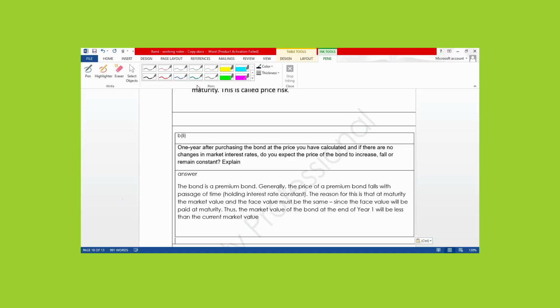To answer this question correctly, you purchase the bond at a premium. You are paying 1,060 naira. Let me refer you to something.